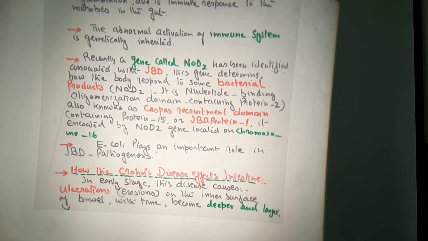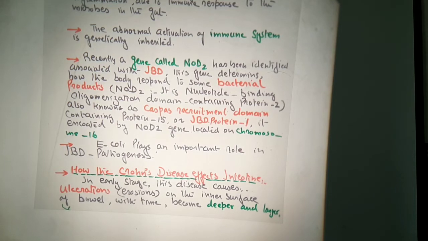It is encoded by the NOD2 gene located on chromosome 16. So on the basis of that we can find out the cause of this inflammatory bowel disease.